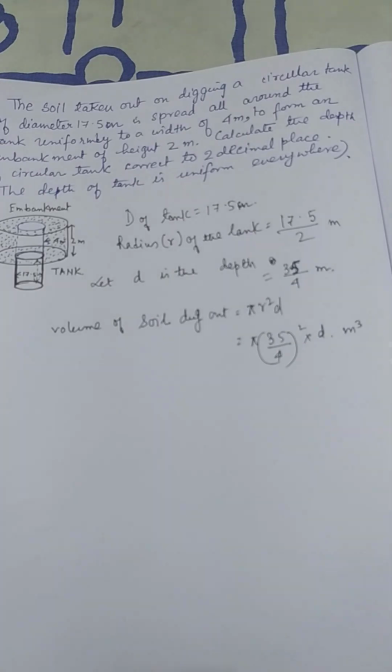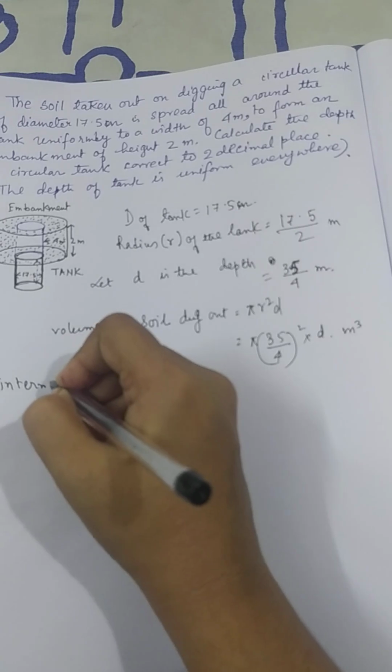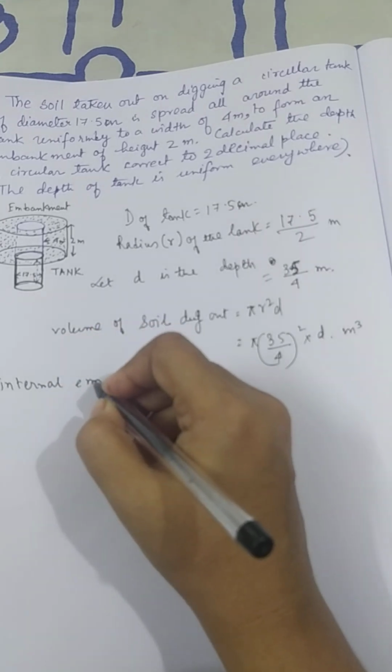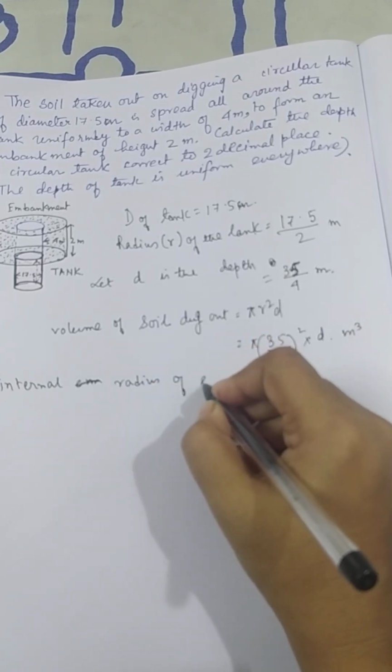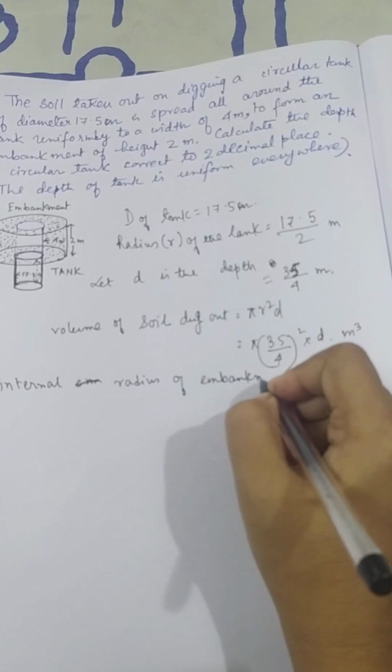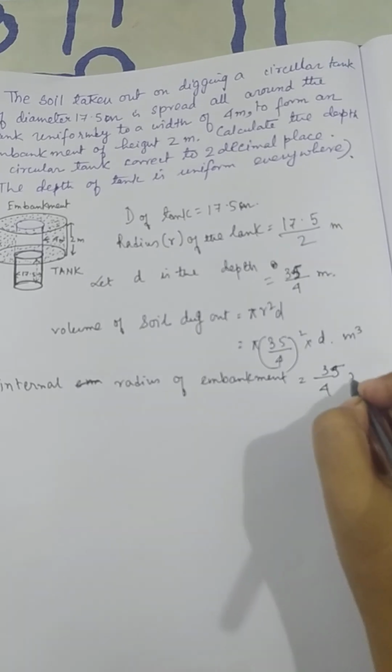Now look at the figure. The internal diameter is 17.5, so the internal radius of the embankment is obviously 35 by 4. Internal radius of embankment is 35 by 4 meter.